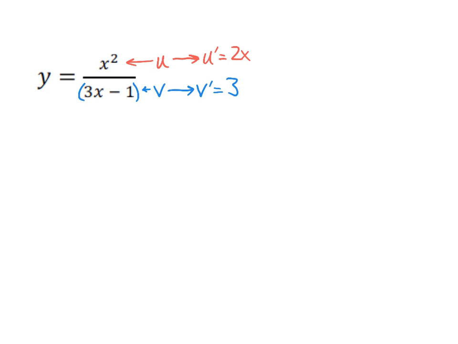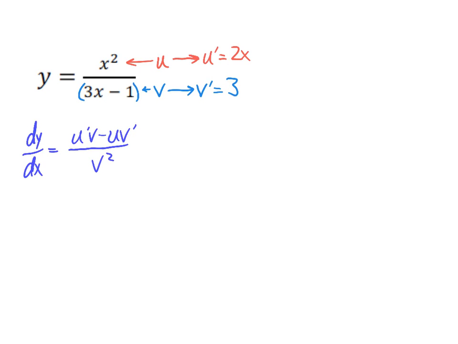So at this point, we can find dy dx using our formula: u prime v minus u v prime, all over v squared.